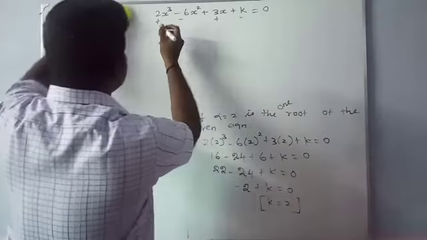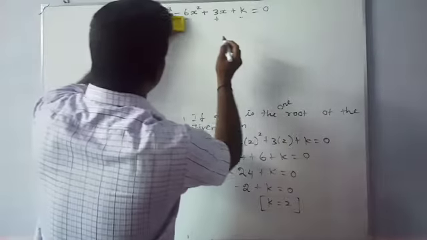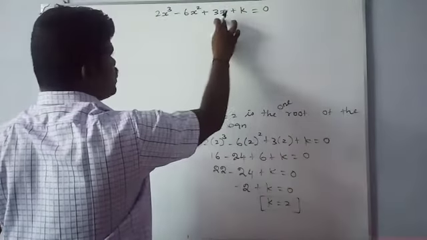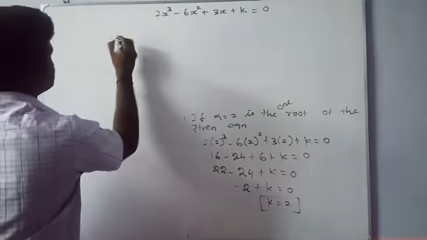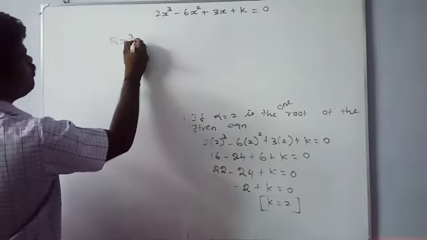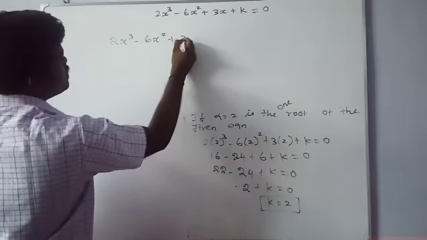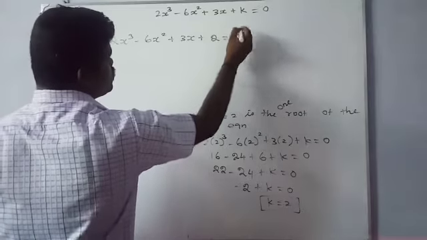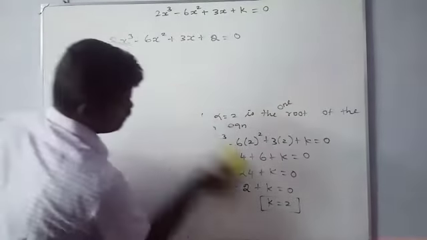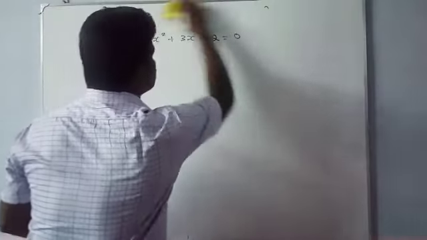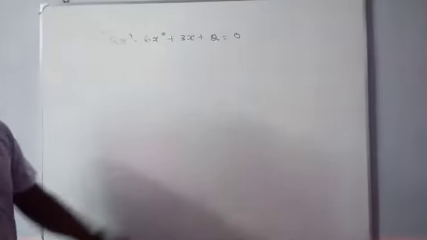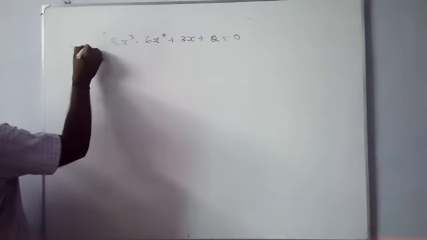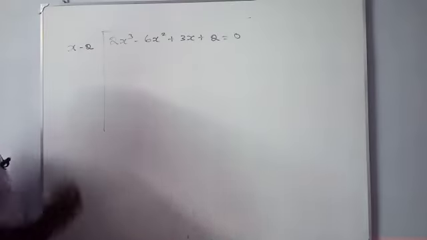The equation must be changed as 2x cube minus 6x square plus 3x plus 2 equal to 0. Since 2 is a root, x minus 2 is a factor.